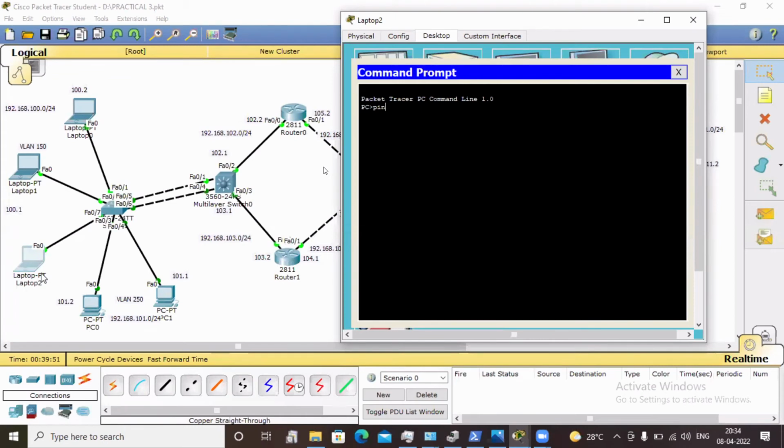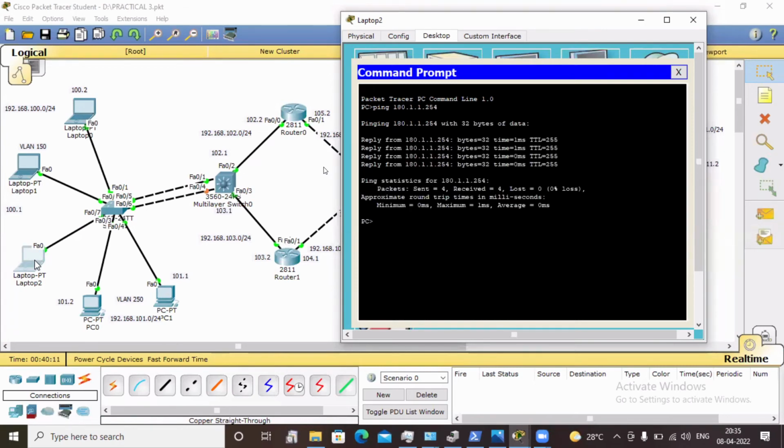That is the gateway address. Ping 1.1.254. Yes, sir. It's working, right? Yes, sir.